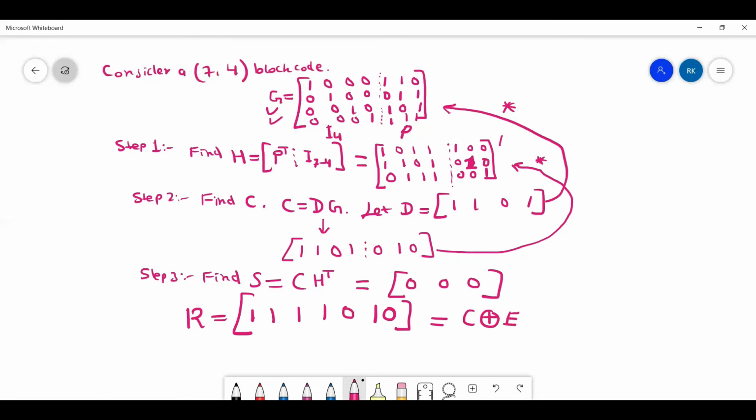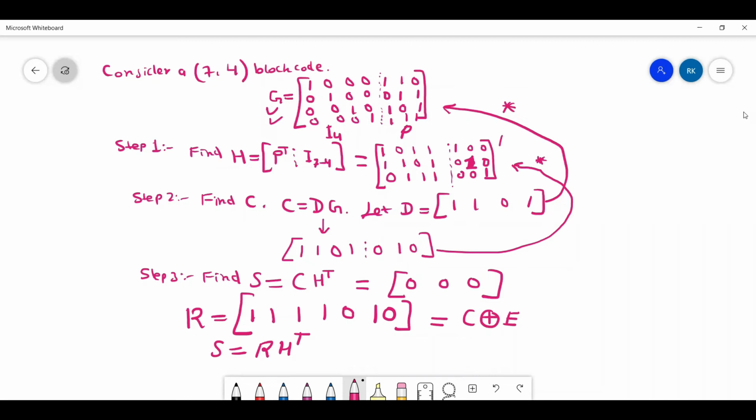And the syndrome of R is S is equal to R multiplied with H T. Now remember, we have assumed that the third bit from left has suffered an error in transmission. So a 0 which was initially there has become a 1. So initially it was 1 1 0 1 0 1 0.